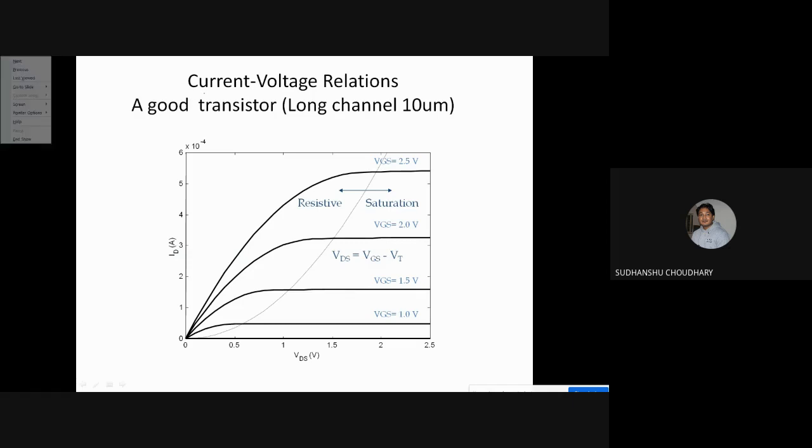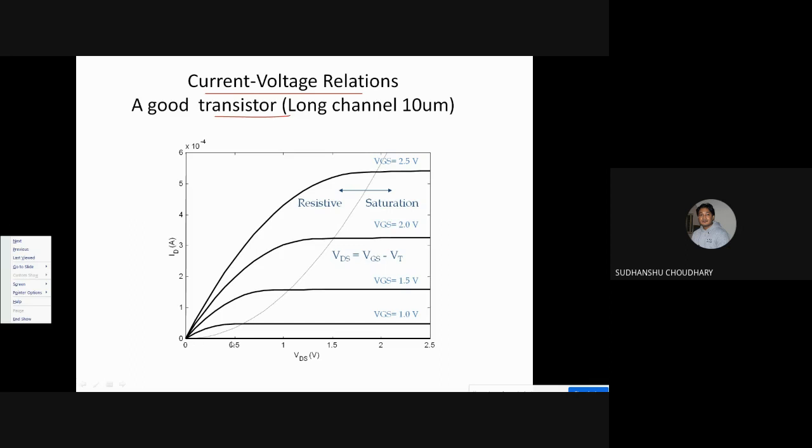Now let us come on to the IV characteristics of a transistor. We had already commented that when you are increasing VDS, the current is also increasing, but only up to this point. When you are increasing VGS, the channel becomes stronger, so obviously the level of current will be more for the same applied VDS.